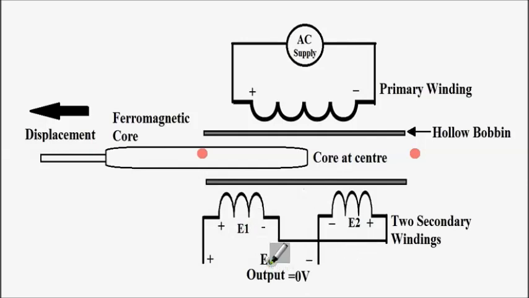So we'll get a finite differential output voltage. It can be of opposite sign as well, both plus or minus, but their magnitude will always be the same. When it moves towards the left, maybe we'll get a negative value. When it moves towards the right, we'll get a positive value, depending on the connection. But their magnitude at each and every point will be the same. Their sign will be different, but their magnitude will be the same.